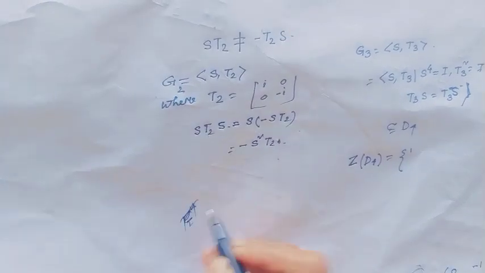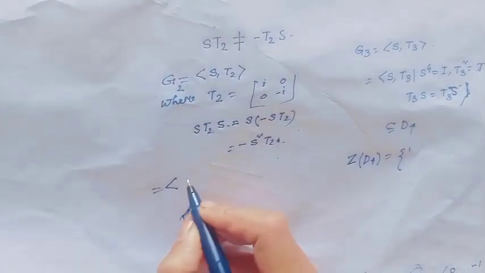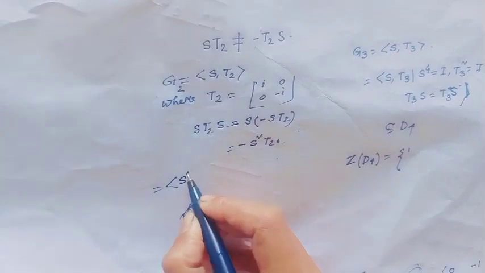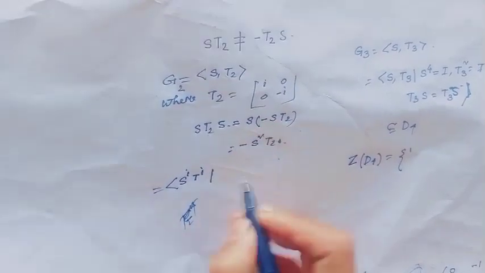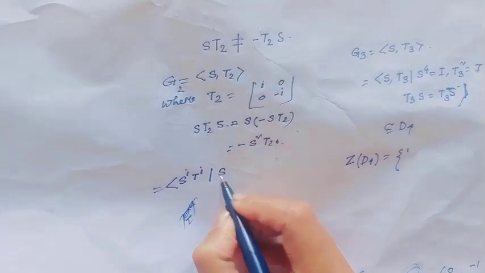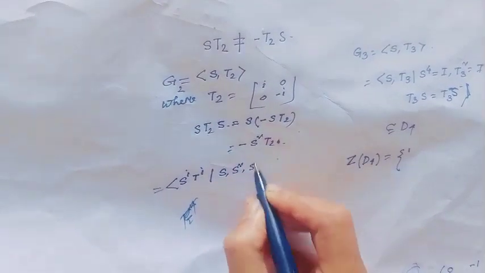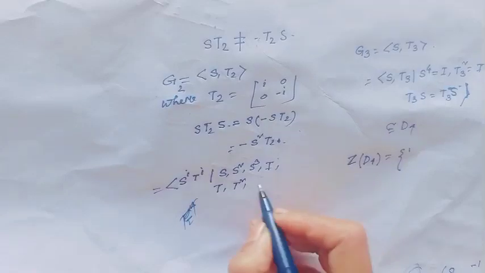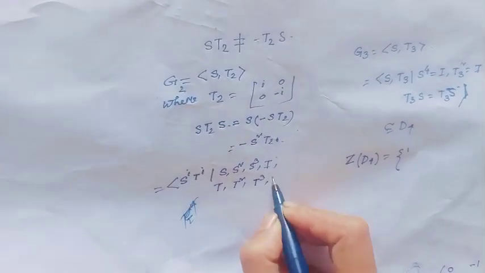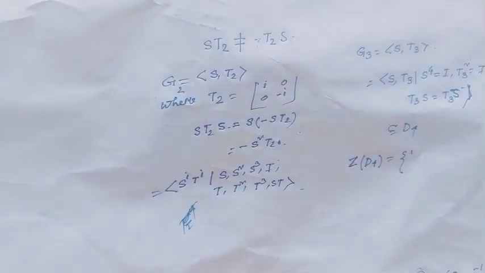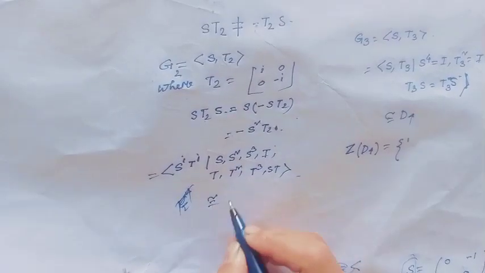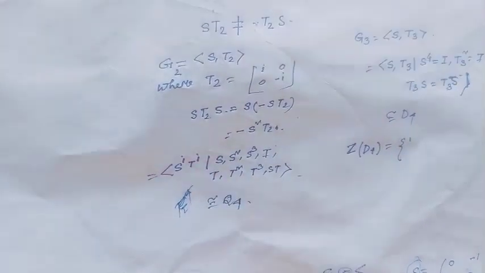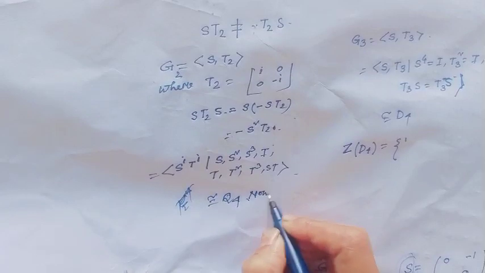So the elements here look like S to the power i, T to the power j, such as S, S squared, S cubed, identity, T squared, T cubed, and ST, which is actually isomorphic to the quaternion group Q4, which is a non-abelian group.